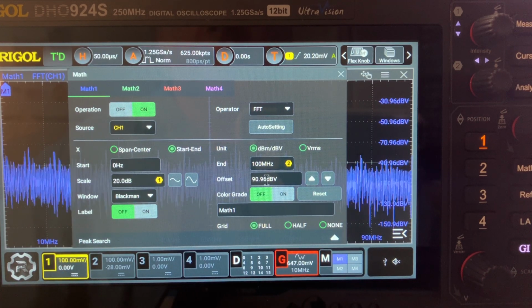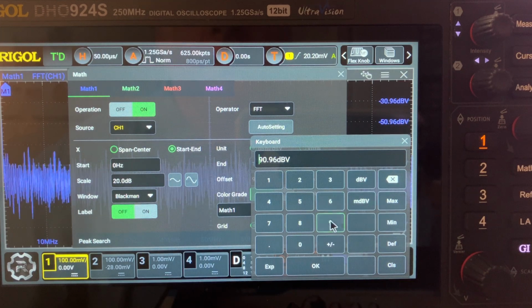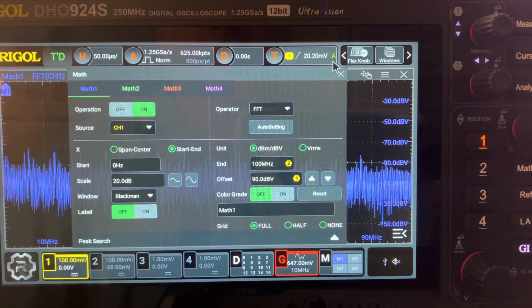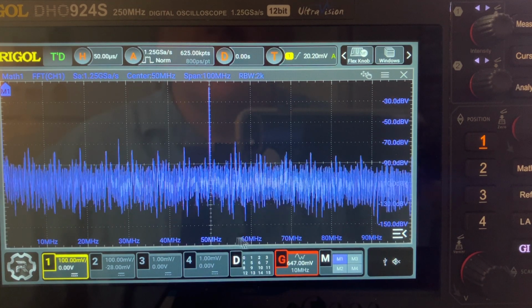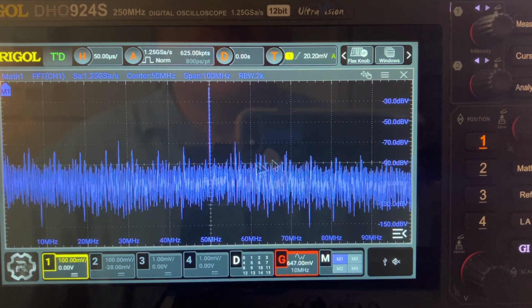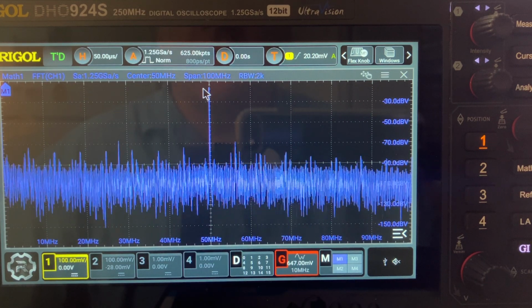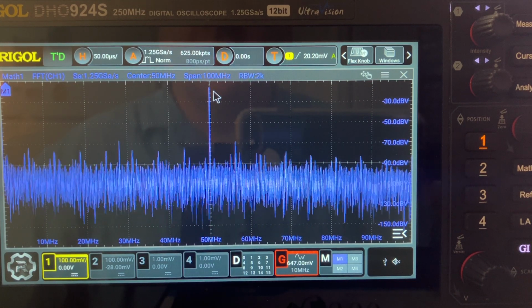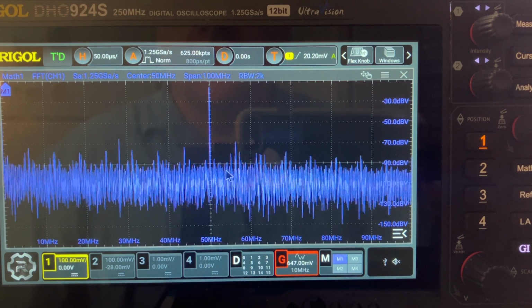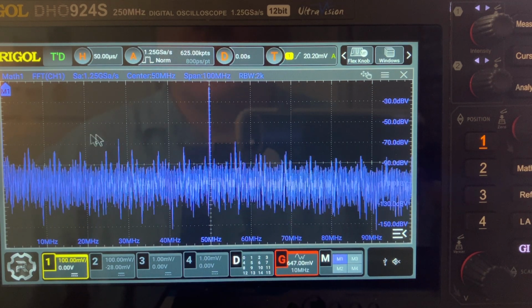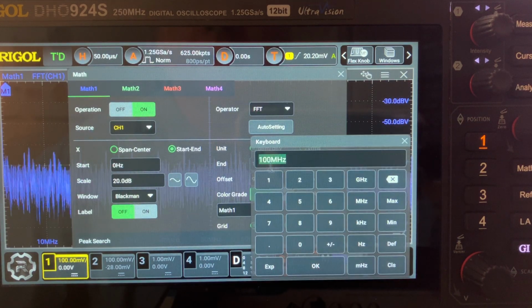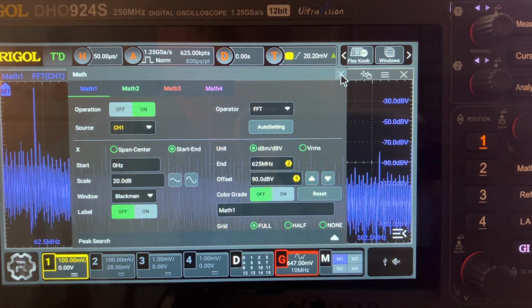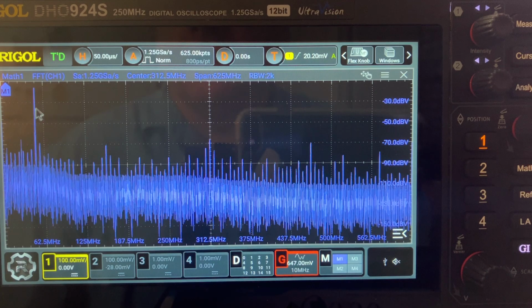And the offset, this looks a lot like 90 dB offset. So with this adjustment, now the scale is evenly placed. And now we could look at the height of the central peak, 50 megahertz, with respect to the noise all over. So I will put back maximum 625 meg from 0, and let's look at the noise.